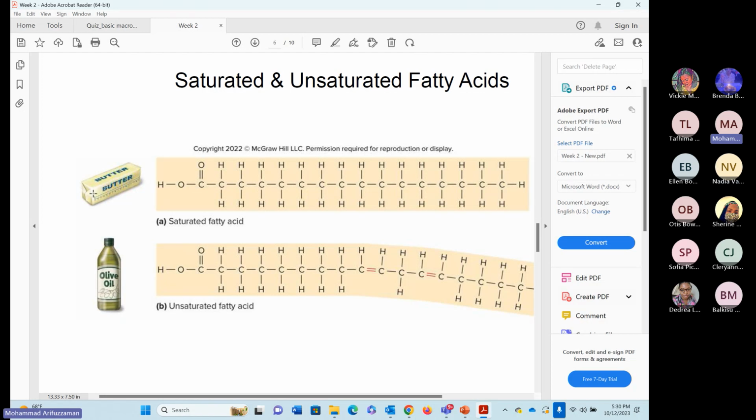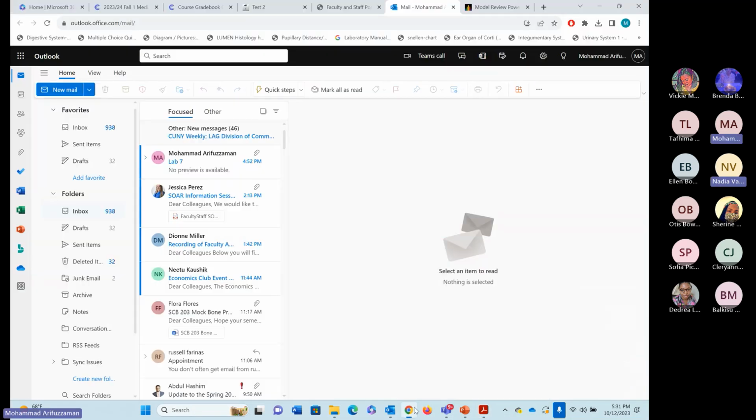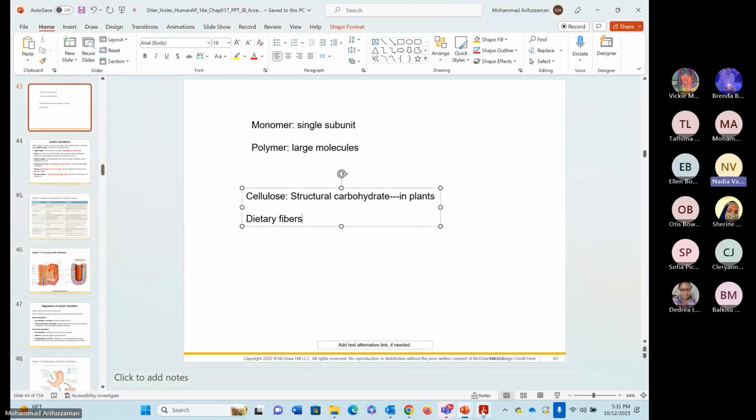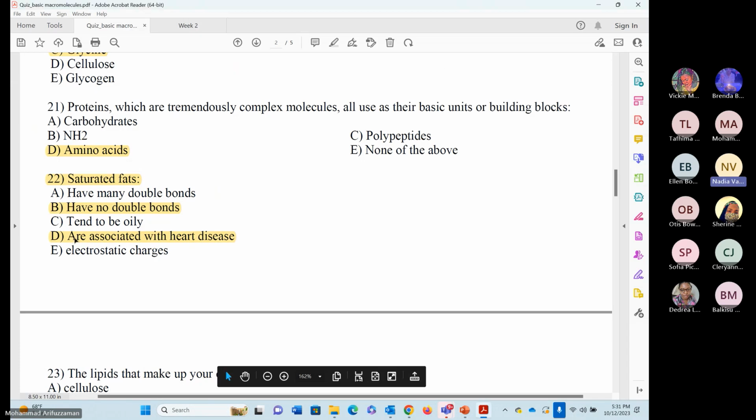Saturated fatty acids are solid, you can see the butter is solid at room temperature, but unsaturated fatty acids are liquid at room temperature. And the saturated fatty acid increases risk of heart disease, but unsaturated fatty acids are healthiest. We discussed yesterday. So this is the difference between saturated and unsaturated fatty acids. So the correct answer is associated with heart disease and have no double bonds.